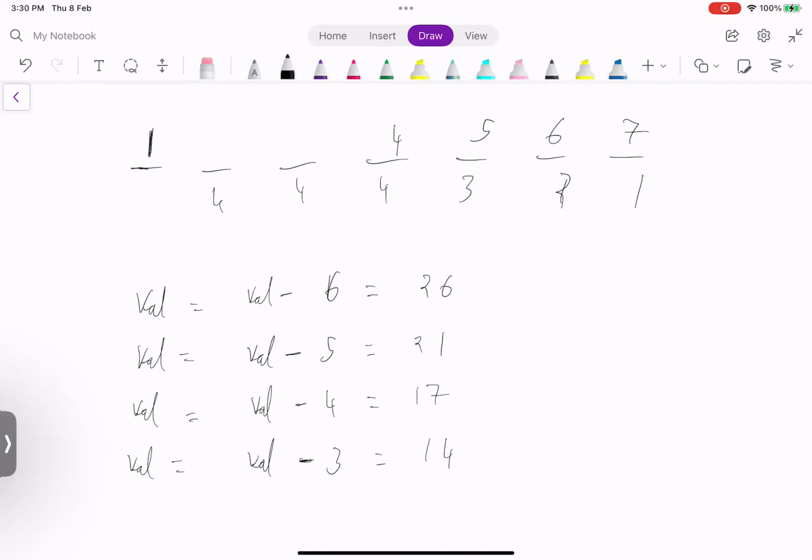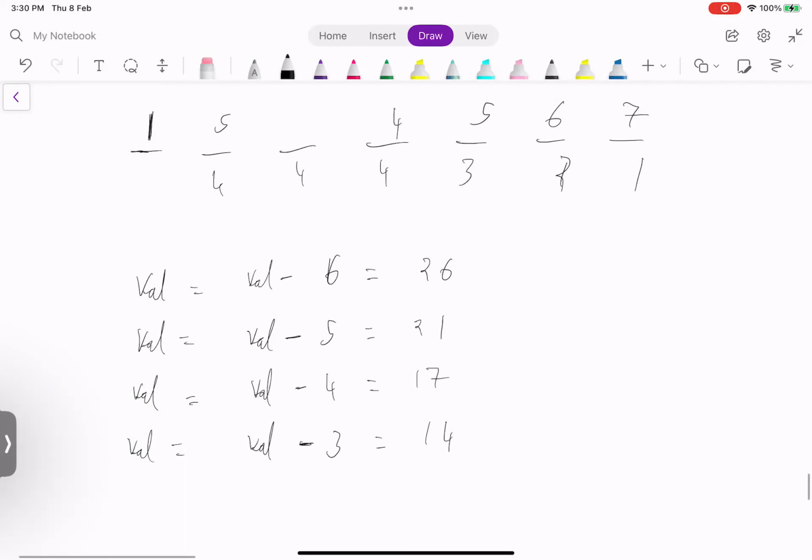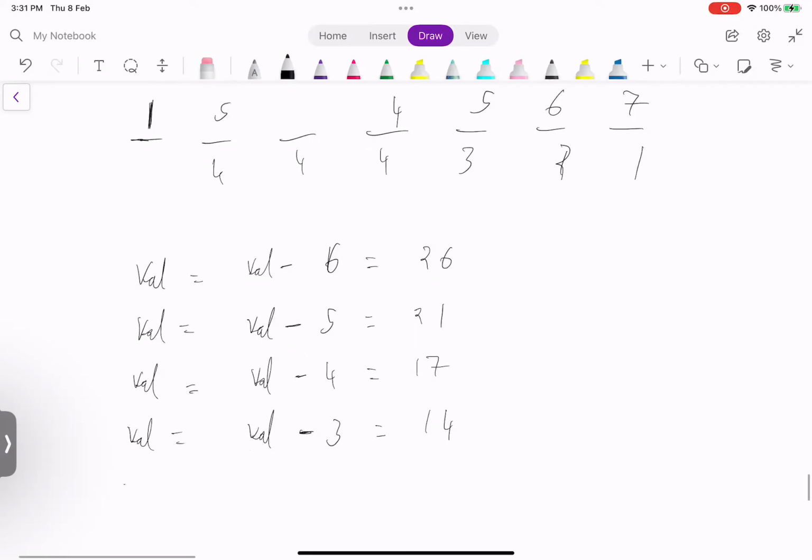Now, if we push the 4 over here and put a 5 over here, then from these two we'll subtract 5, so minus 2, which is 12.